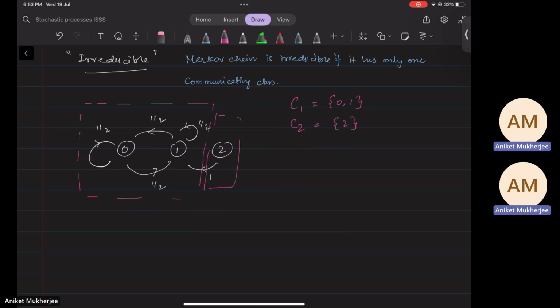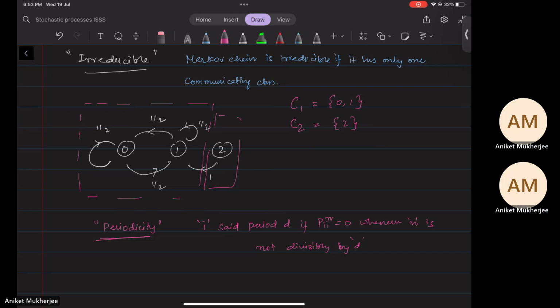Next I'll define something known as periodicity. State i is said to have period d if p_ii^(n) is equal to 0 whenever n is not divisible by d, and d is the greatest integer with this property.